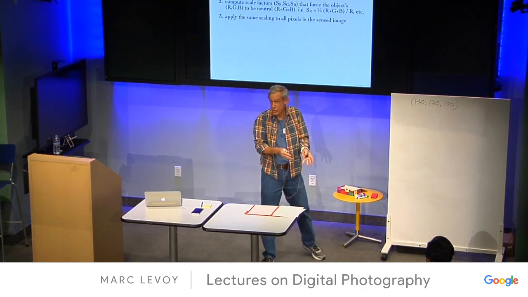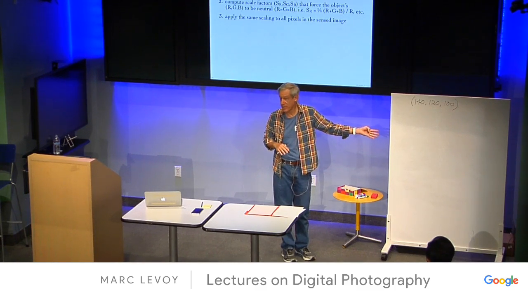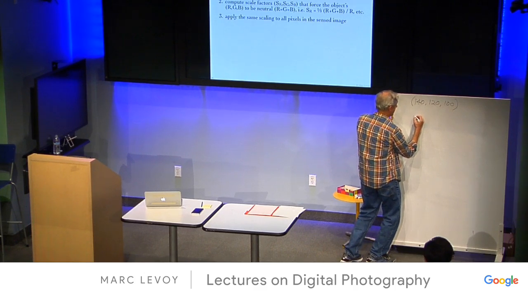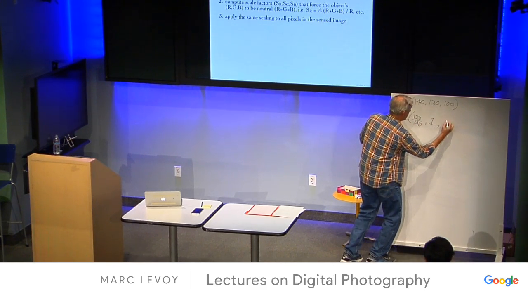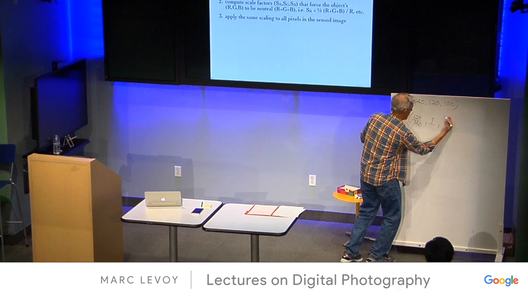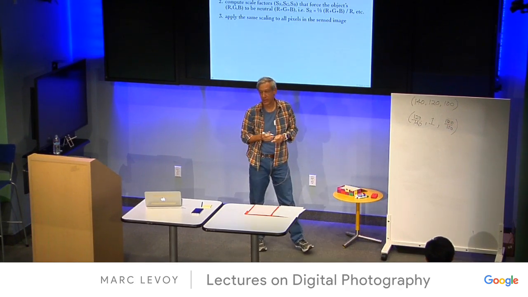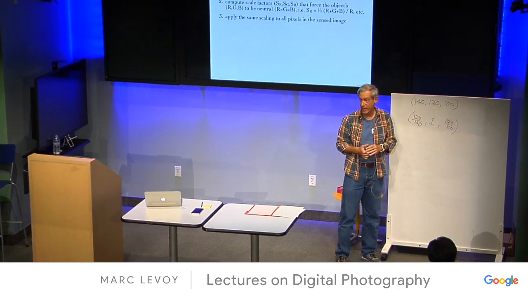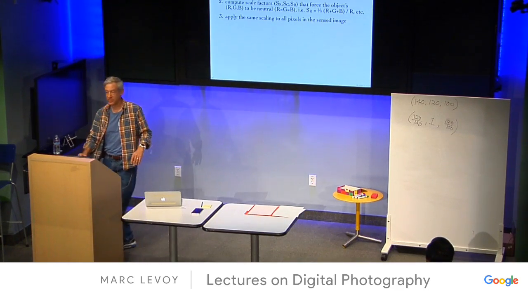If you claim that it was a neutral object, meaning an object that reflected all wavelengths equally, it's probably true then that the light was reddish. So then you come up with scaling factors, 120 over 140, 1, and 120 over 100. And you apply that to every pixel in the image. So those scaling factors will then obviously increase the blueness and decrease the redness to compensate for that. And that's basically what white balancing is.